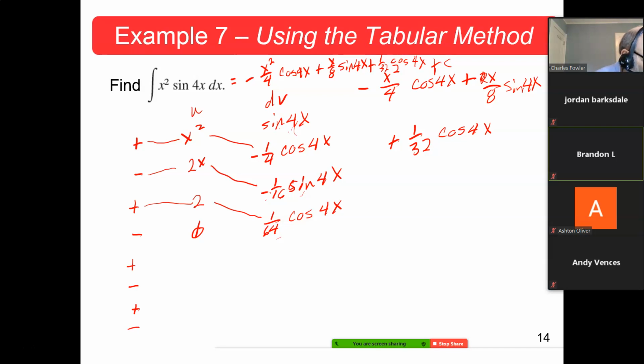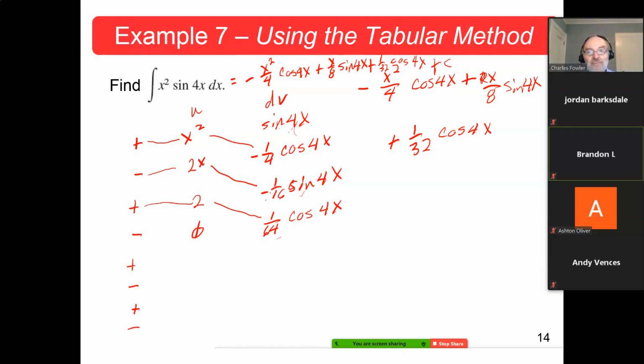Then 93 should be at Calc Chat, 95's at Calc Chat, and either 97 or 99 should be at Calc Chat. Any questions on integration by parts?